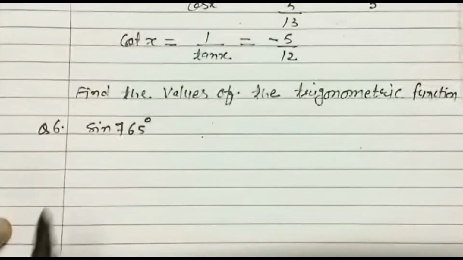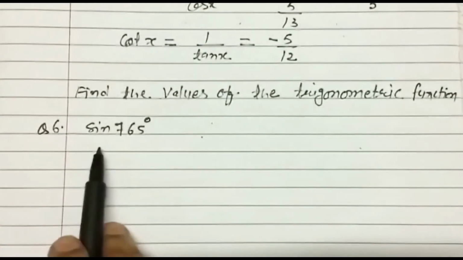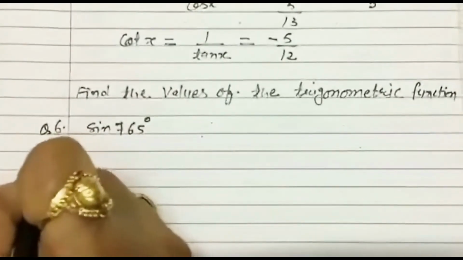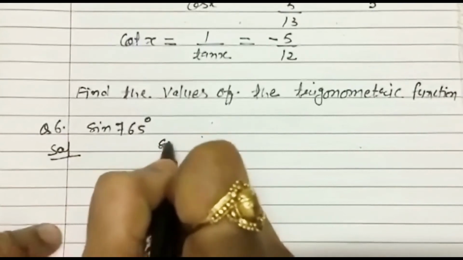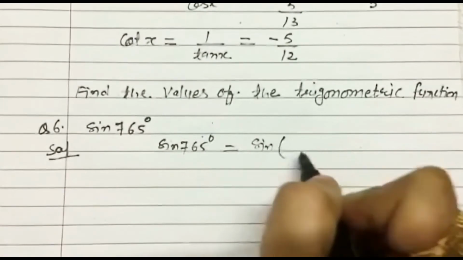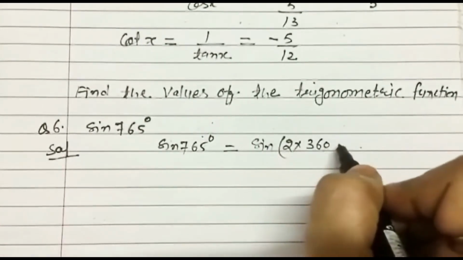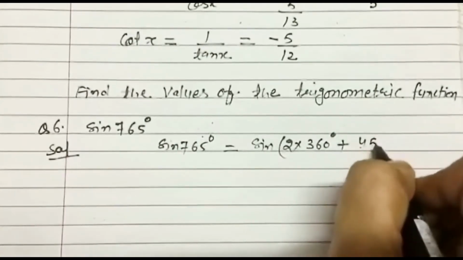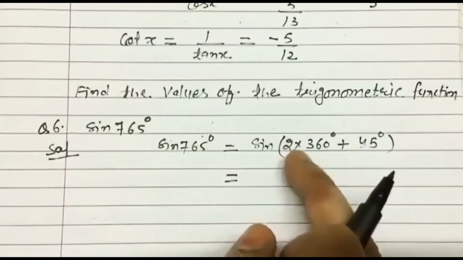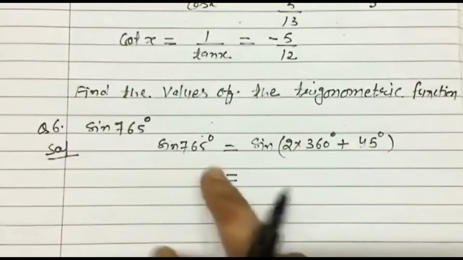Next question. Find the values of the trigonometric function sin 765 degree. You can write sin 765 degree as sin of 2 into 360 degree plus 45 degree, since 360 into 2 is 720 and 720 plus 45 makes 765.